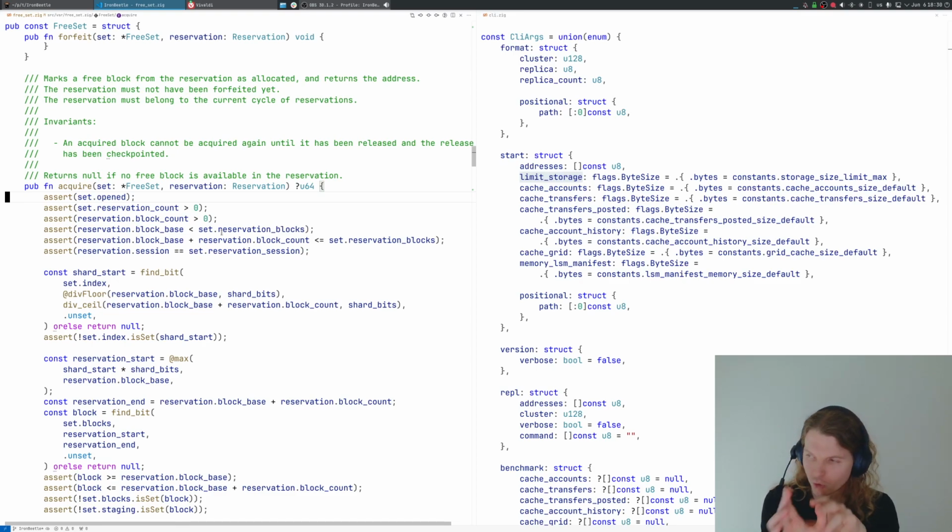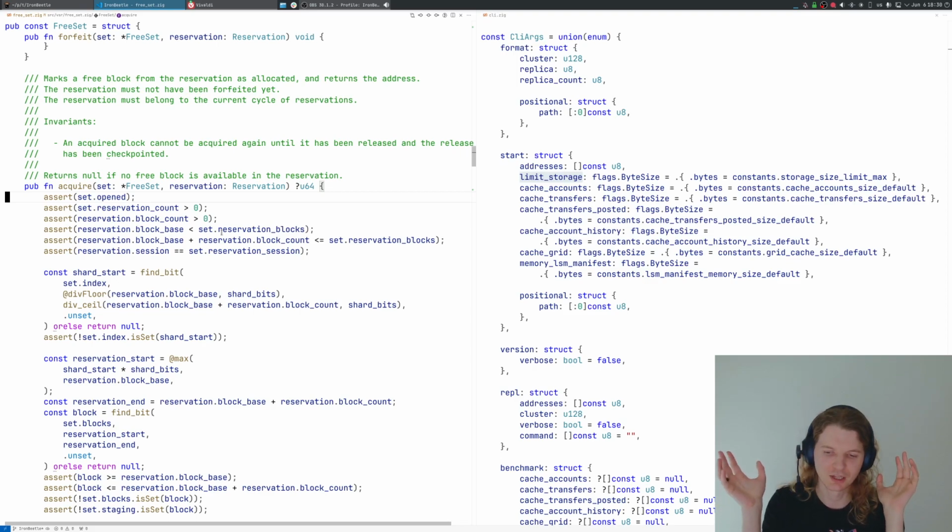We'll talk more about this when we get to compaction, but basically the idea is that we tell each tree, hey tree, please try to shrink yourself, compact your data. And we expect all the trees to do the required work for compaction concurrently, so that we spend only as much time as needed for the slowest tree rather than the sum across all the trees. That means we need to support logical concurrency in this FreeSet.